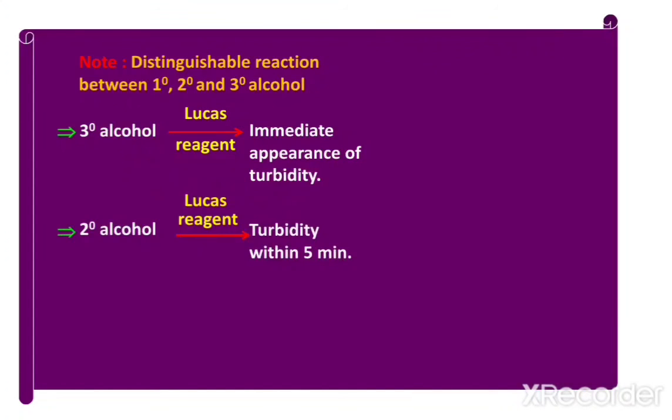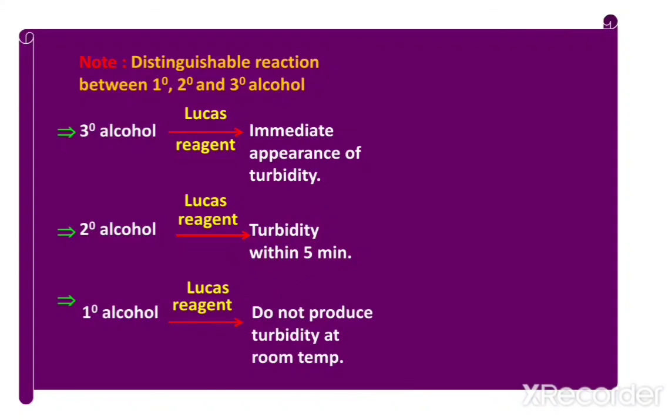Secondary alcohol plus Lucas reagent, if you get turbidity within 5 minutes, then such alcohol is secondary alcohol. What about primary alcohol? Primary alcohol plus Lucas reagent does not produce any turbidity at room temperature. Such alcohol is primary alcohol. In this way, we classify primary, secondary, and tertiary alcohol. I have summarized this with a simple chart: tertiary alcohol, immediate turbidity.